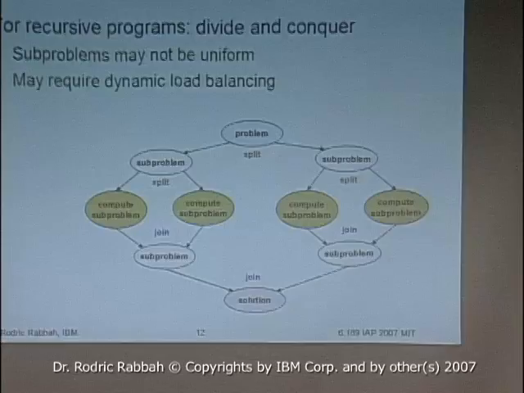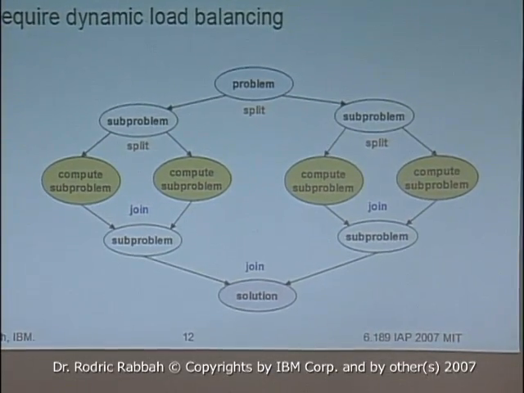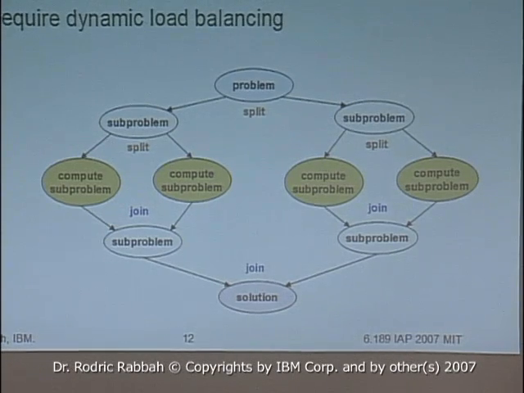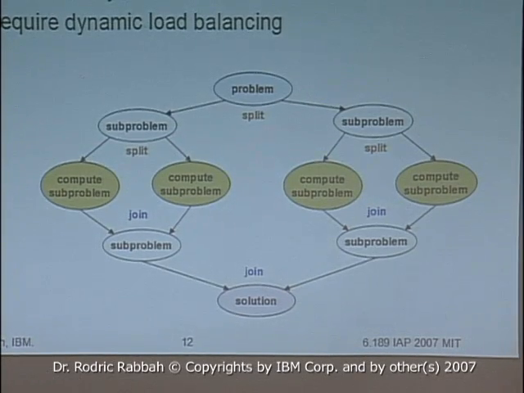In these kinds of programs, it's not always the case that each subproblem will have the same amount of work to do. You might need more dynamic load balancing, because how you distribute the data might lead you to do more work in one subproblem than in another.